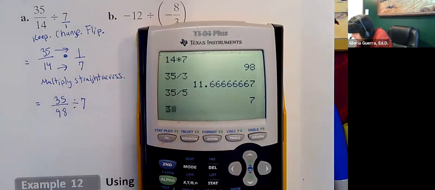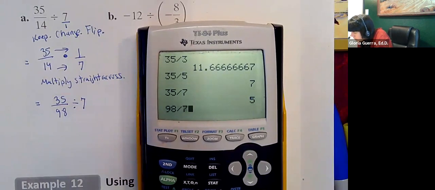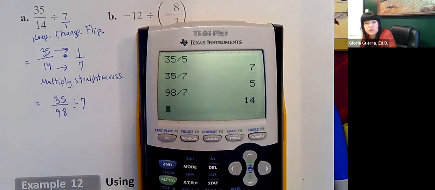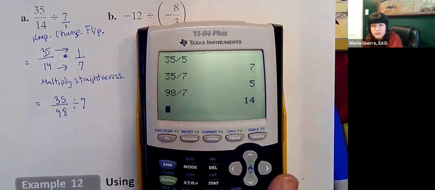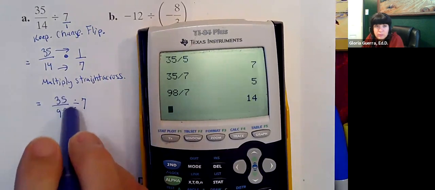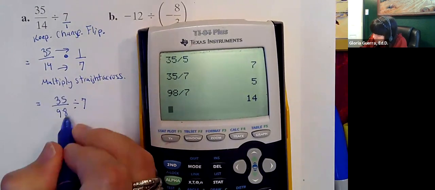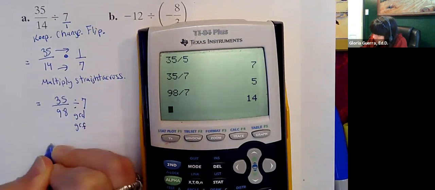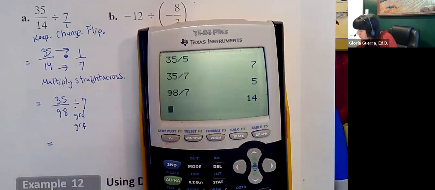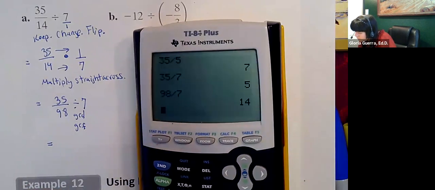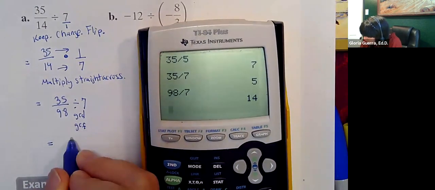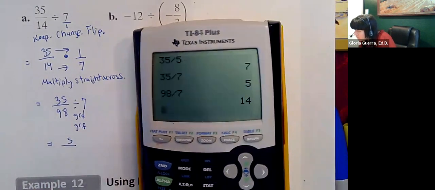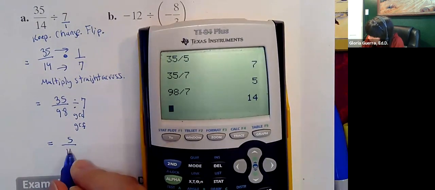So 35 divided by 7, that looks good. 98 divided by 7, yep, that looks good. When you do that, it has to be the same number. You're dividing the numerator and denominator by the same number, so this works as the greatest common divisor, the greatest common factor. 35 divided by 7 is 5, and 98 divided by 7 is 14.